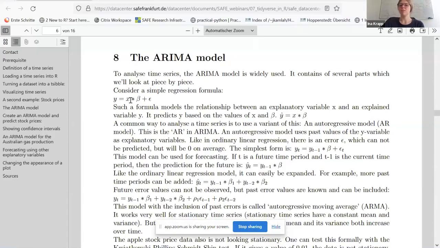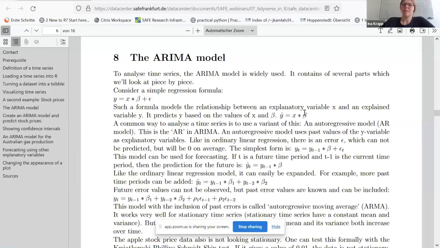Beta can be negative, then an increase in x means a decrease in y. And you can also try to predict y once you have calculated the beta, because on average, for ordinary least squares, y should be x multiplied by beta.